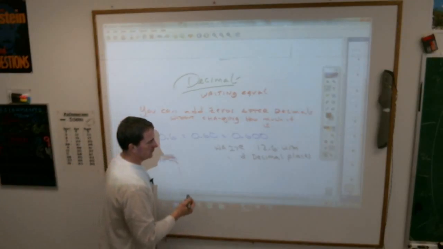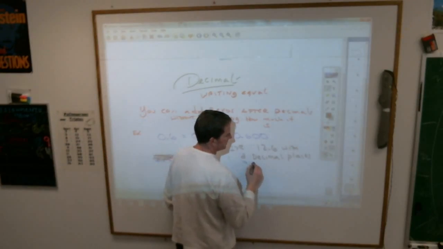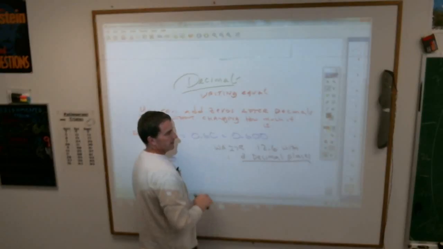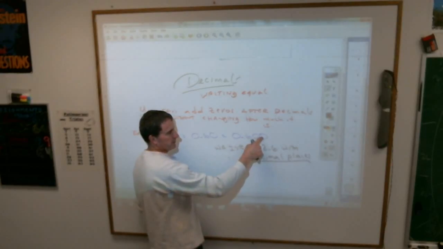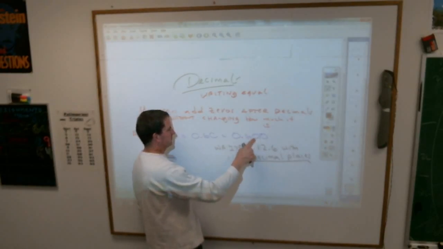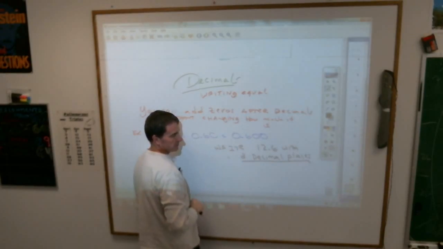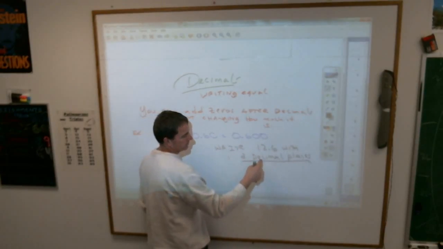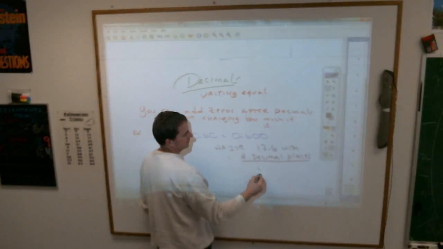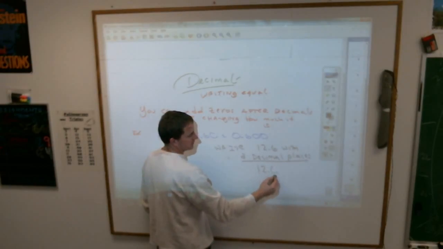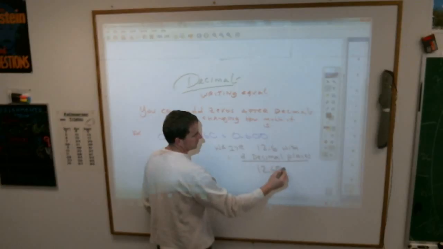And that sometimes confuses people. When it says 3 decimal places, that just means you have 3 digits after the decimal. This is 1 decimal place, 2 decimal places, 3 decimal places. So what would 12.6 be with 3 decimal places? It would be 12.6 with 2 zeros after it.